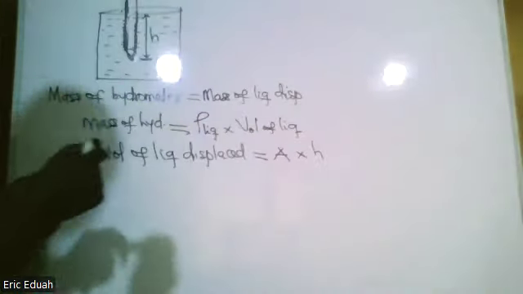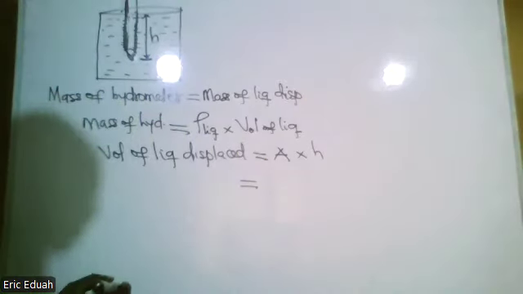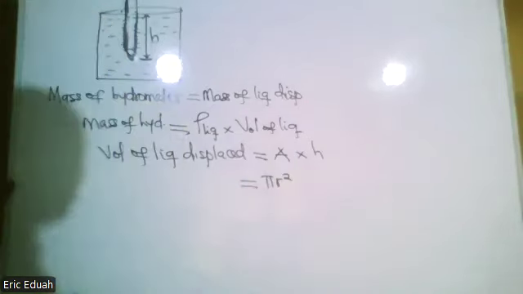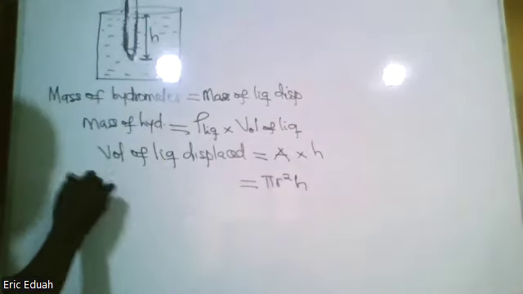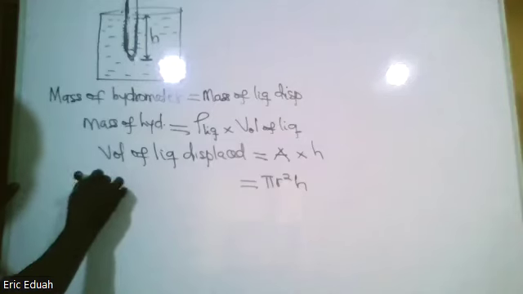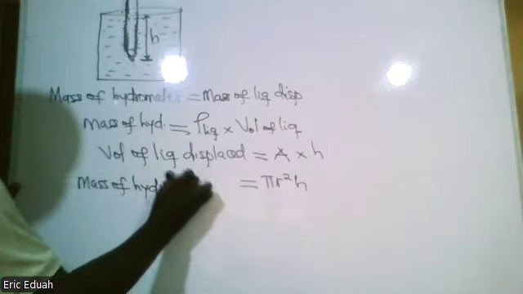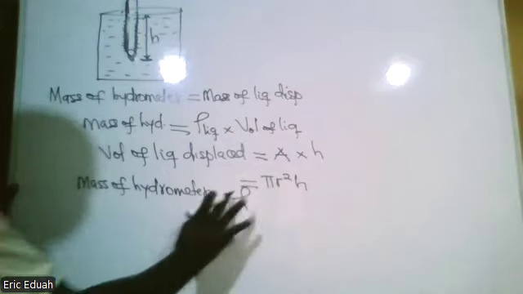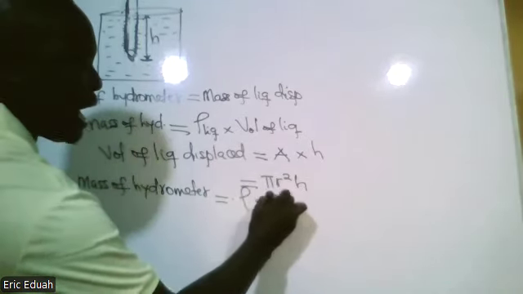So the area can further be expressed as the area of a circle, pi r squared times h, meaning mass of hydrometer is equal to density of liquid times pi r squared times h.